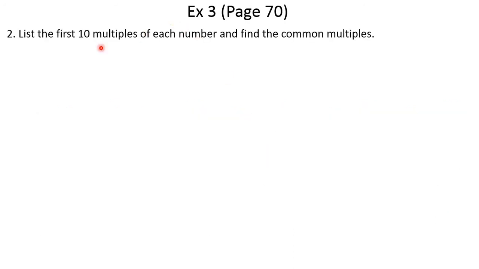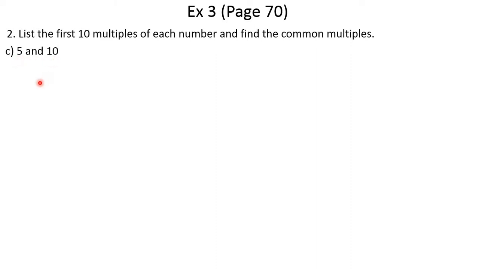Kids, let's now understand how to find the common multiples of given numbers by listing down the multiples, which we will do in question 2. It says, list the first 10 multiples of each number and find the common multiples. Let's do C part. It says 5 and 10. That means you have to find the common multiples for the numbers 5 and 10.